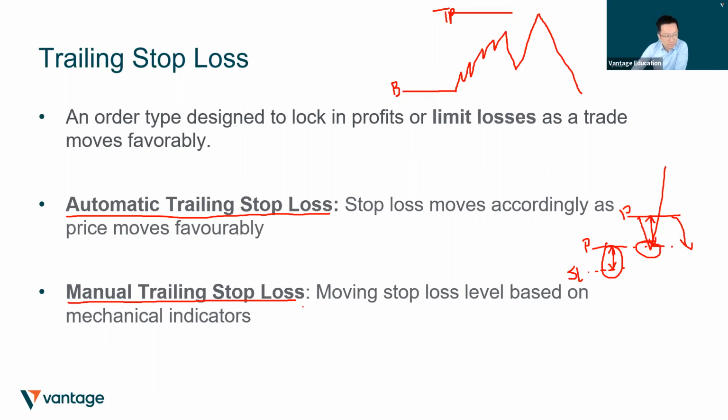I would prefer to focus on the manual trailing stop loss, because that gives us a lot more predictability. We know why we're moving the stop loss towards that price level. We know why we would have closed out a trade at that level, rather than being stopped out possibly because of price volatility. Make sense so far to everyone?